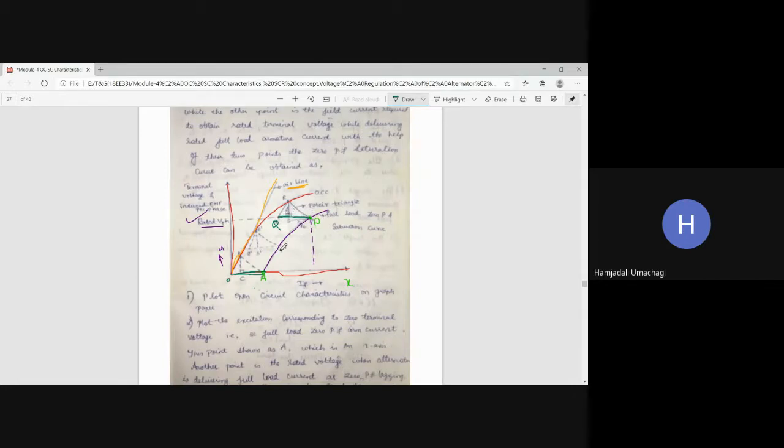So for that sake, during construction of this ZPF curve, one point we are taking for zero voltage, another point we are taking for rated voltage. That rated voltage line itself you should mark first. Initially you should mark it as rated VPH, and after that you should measure the length of OA.